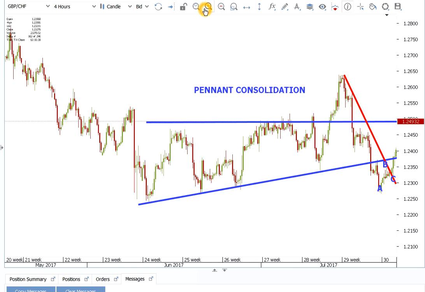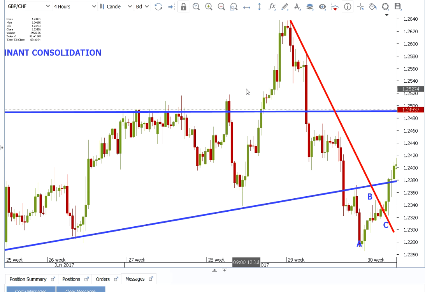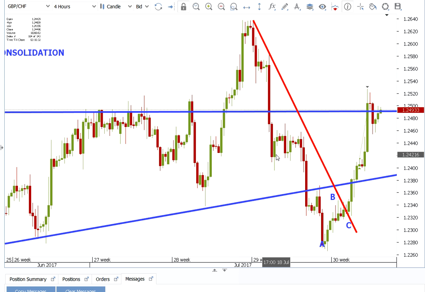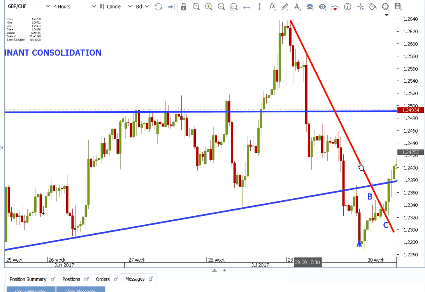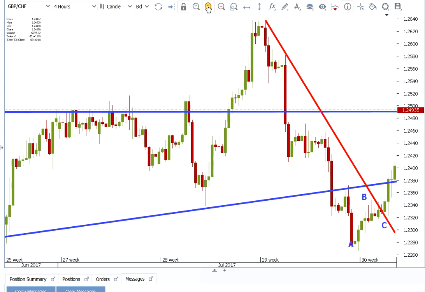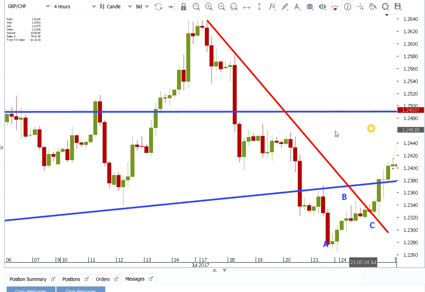And what took place in terms of the trade setup was that after the market broke back inside of the consolidation, back above the support, the long position was opened with a stop loss placed just below the C of the ABC formation. And the target was set to the boundary.